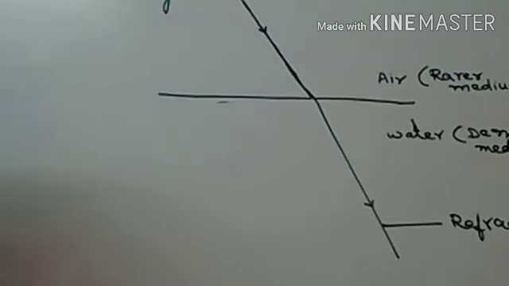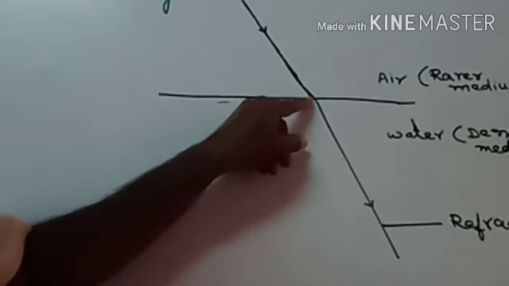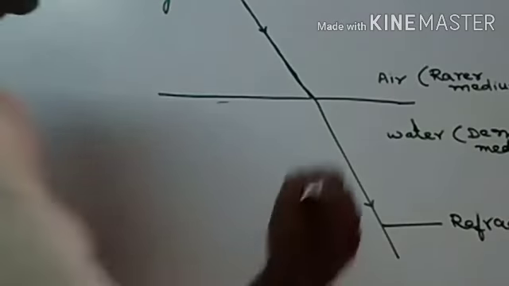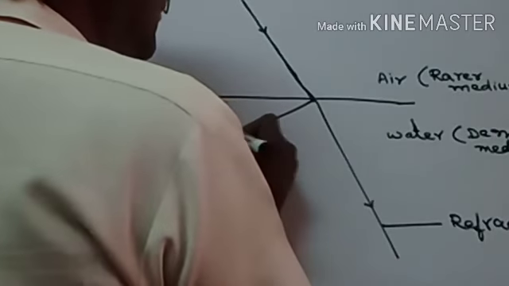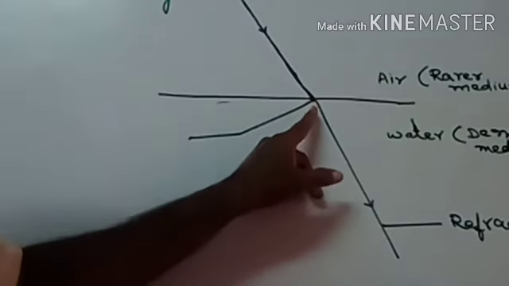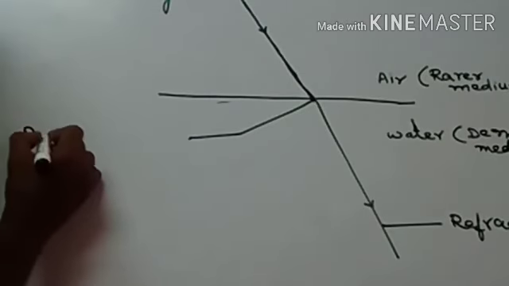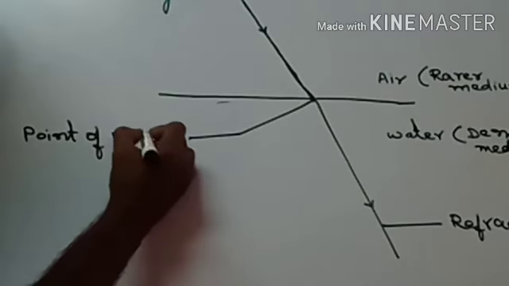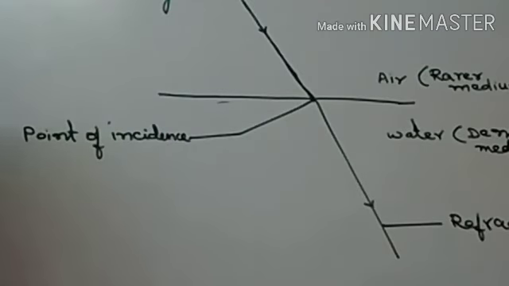And then this point on the surface at which the deviation happens is called the point of incidence.